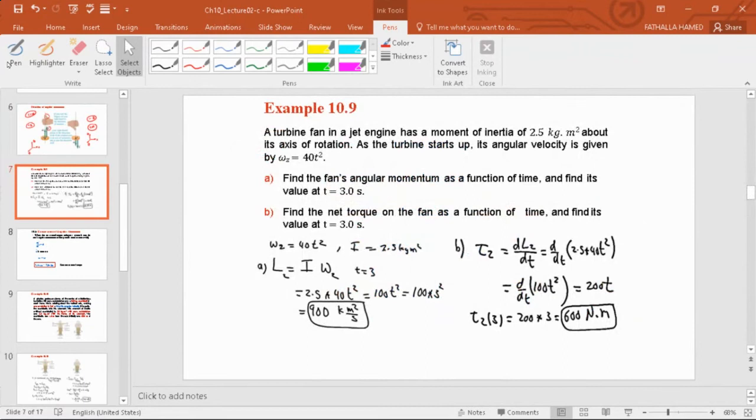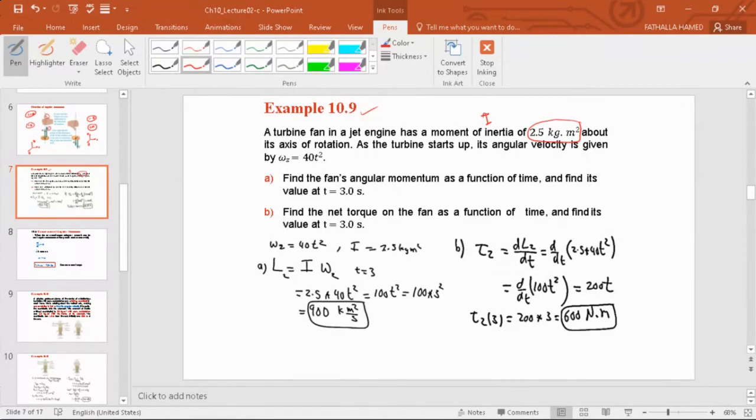Now, let's take an example to do some calculations. Example 10.9: a turbine fan in a jet engine has a moment of inertia of 2.5 kilogram meter squared about its axis of rotation.